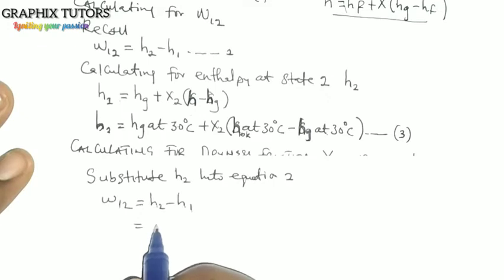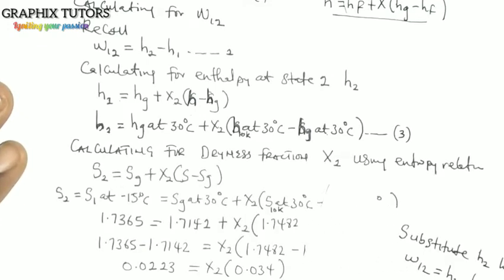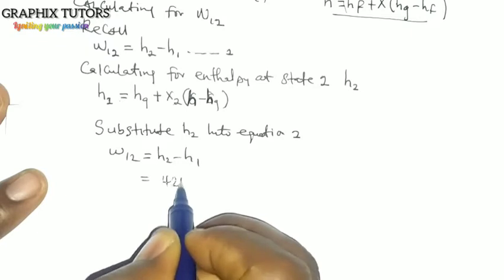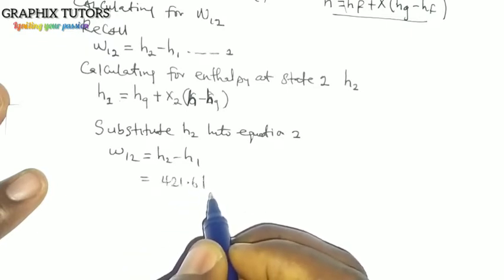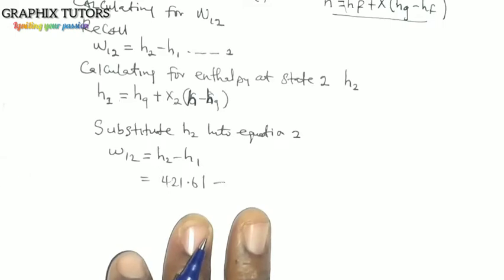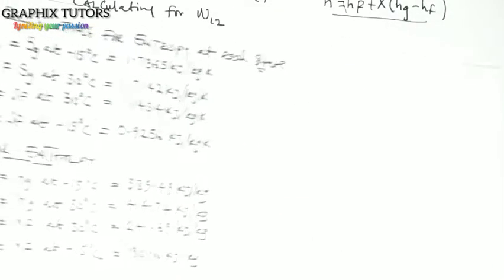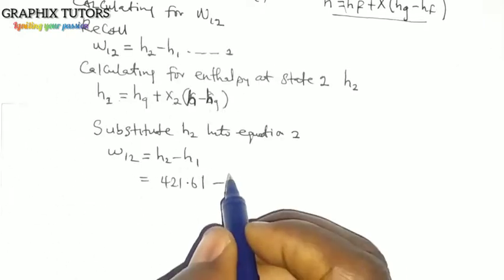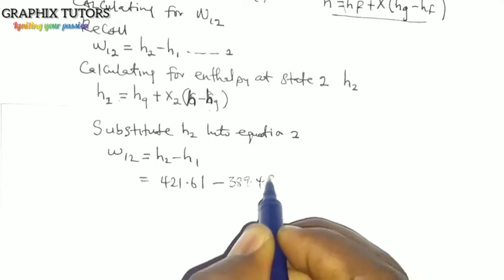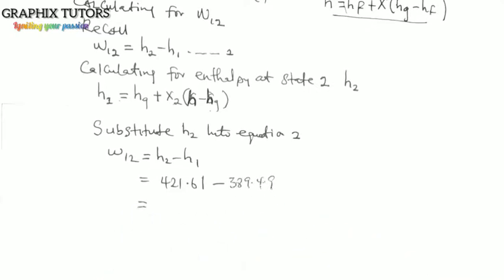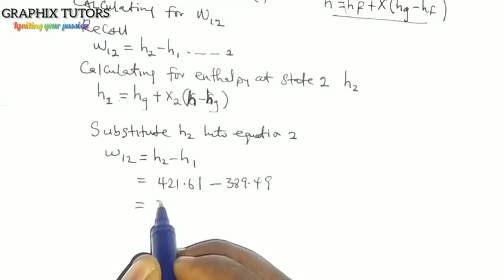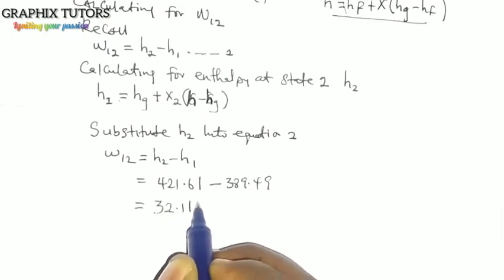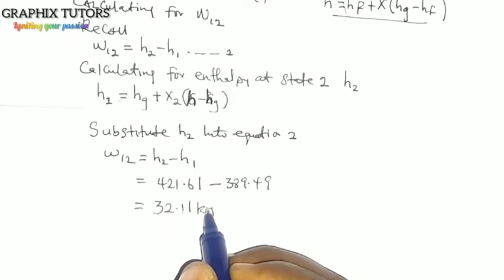The H2 value I have is 421.61, and the H1 value I have is 389.49. So this will give me 421.61 minus 389.49. That is 32.11 kilojoule, right? So we've gotten that W12.